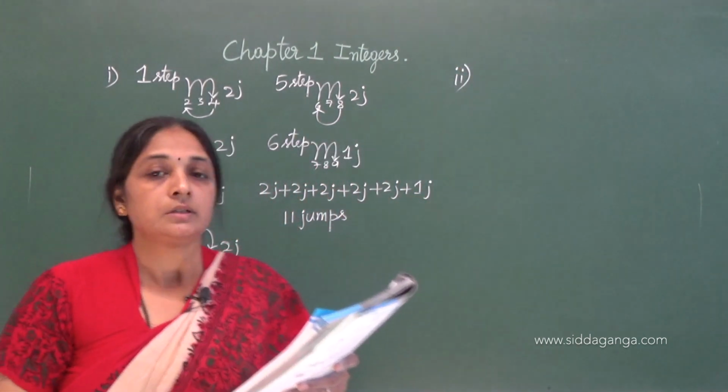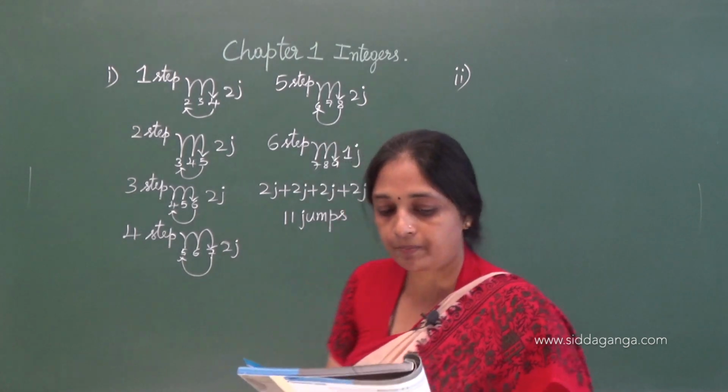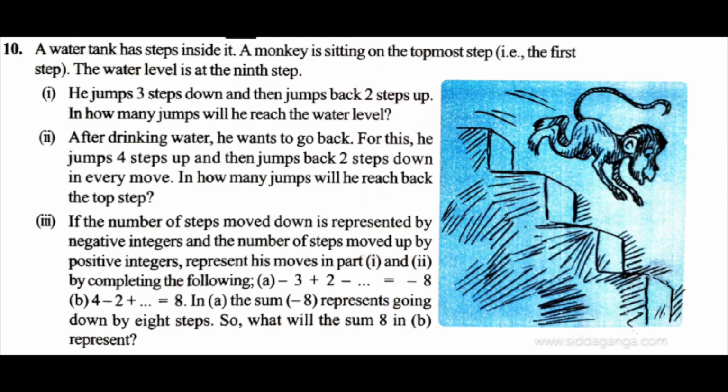Okay. The second question is, after drinking water, he wants to go back. For this, he jumps 4 steps up and then jumps back 2 steps down in every move. In how many jumps will he reach back the top step?